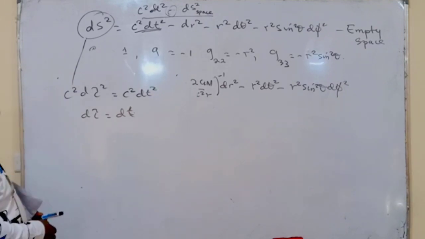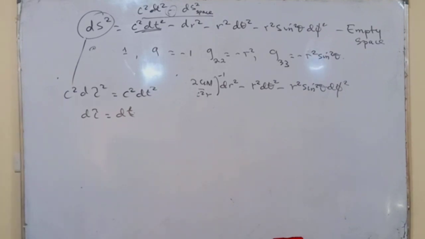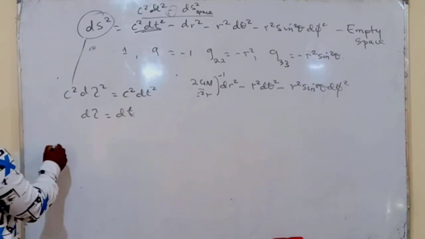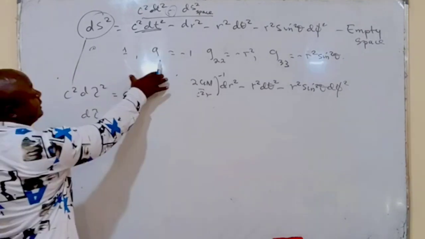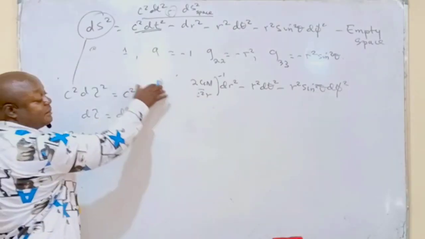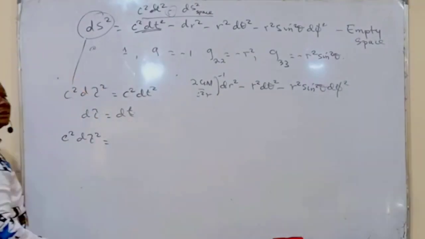So what if we now introduce a gravitational field? And again, we are considering a clock at rest. So we are going to end up with c squared dτ squared equal to, so only the first term here will survive. All the other ones will go away.